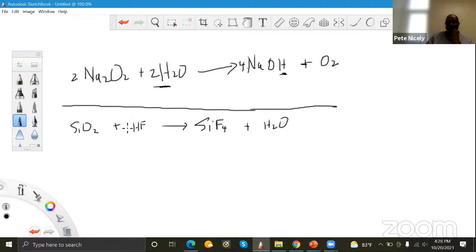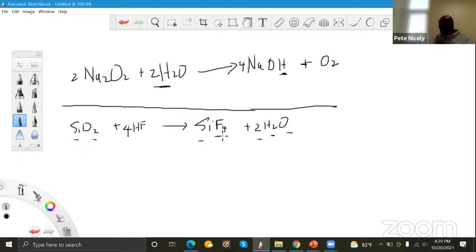Okay, so somebody's saying put a 4 in front of the HF and put a 2 in front of the H2O. And I think that is correct because you have 1 silicon here, 1 silicon here, 2 oxygens, 2 oxygens, 4 hydrogens, 4 hydrogens, 4 fluorines, 4 fluorines. Okay, so that is correct.